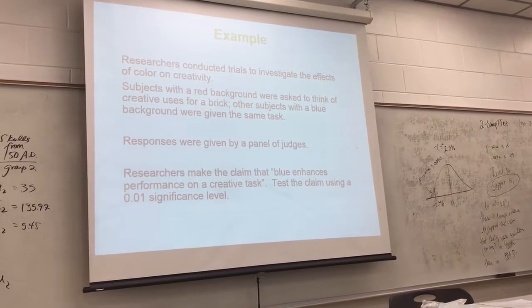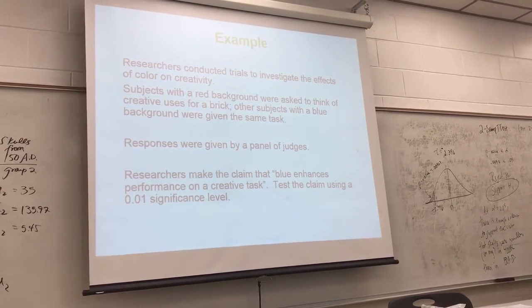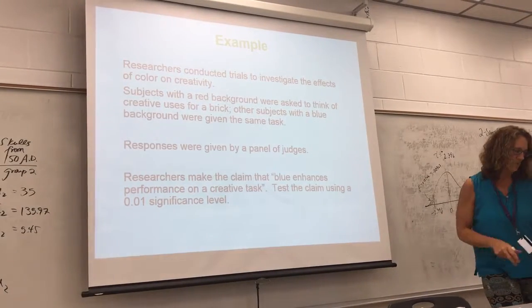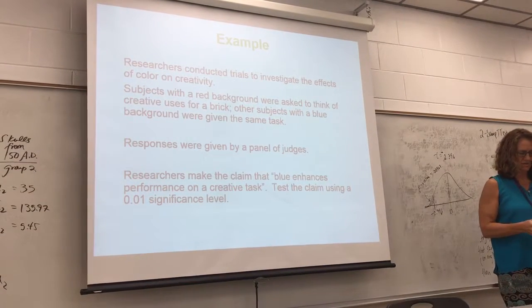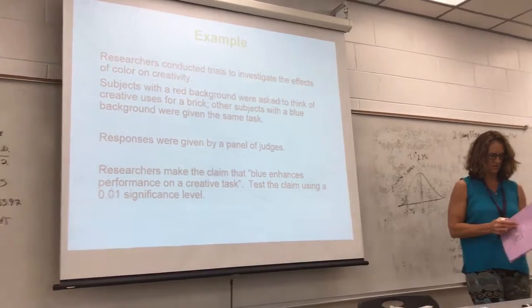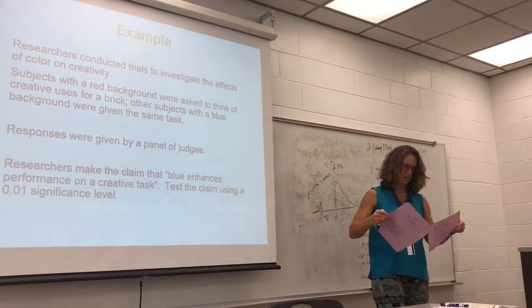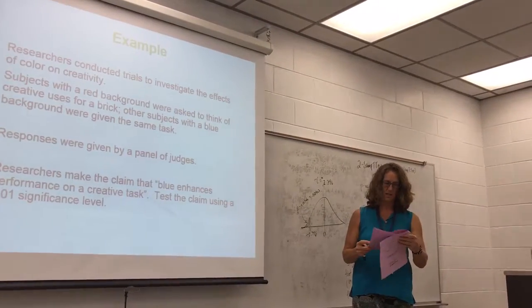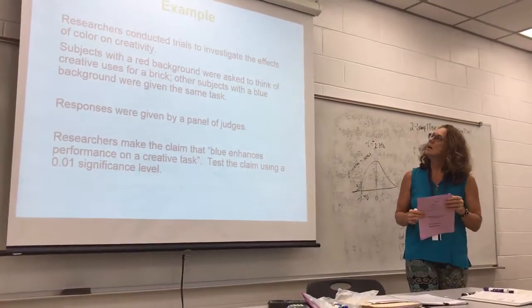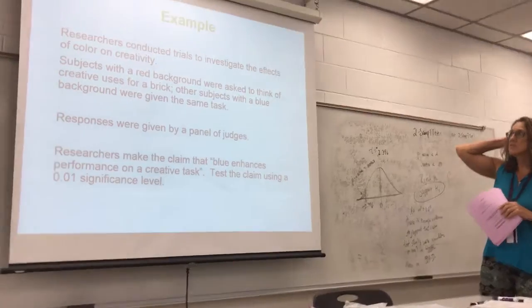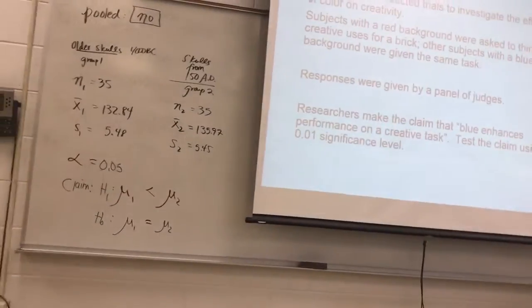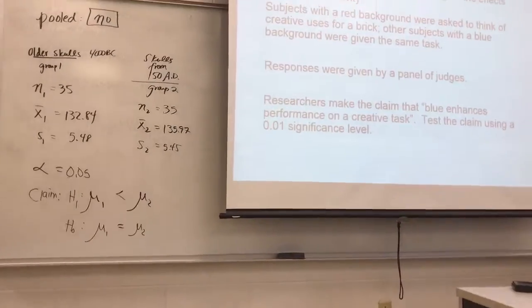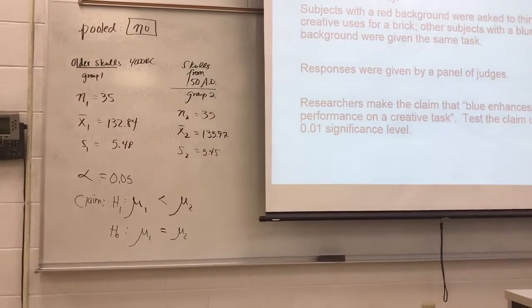Alright. Here's an example. This is in your handouts, page 13. Researchers conducted trials to investigate the effects of color on creativity. Subjects with a red background were asked to think of creative uses for a brick.